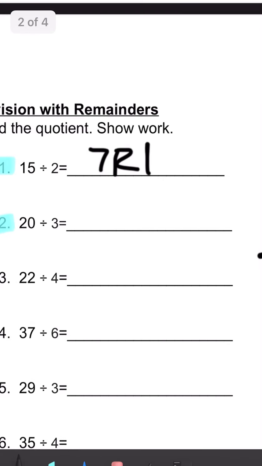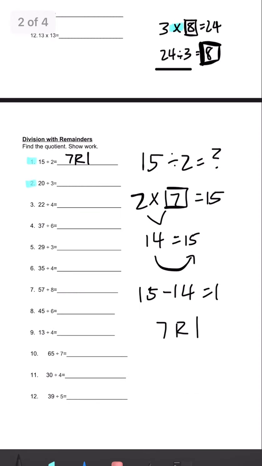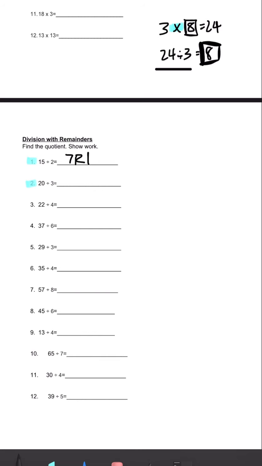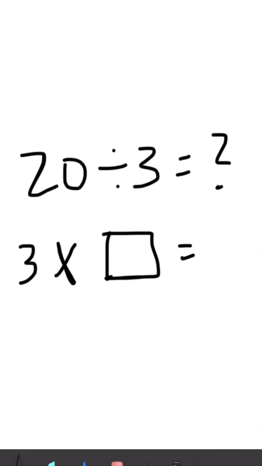Okay, so we'll do number 2, and hopefully this one makes a little bit more sense. So I'm going to erase this so that we have a little bit more room. We'll do 20 divided by 3. So again, 3 times box equals 20. So again, you want to choose the number that'll get you closest to 20.